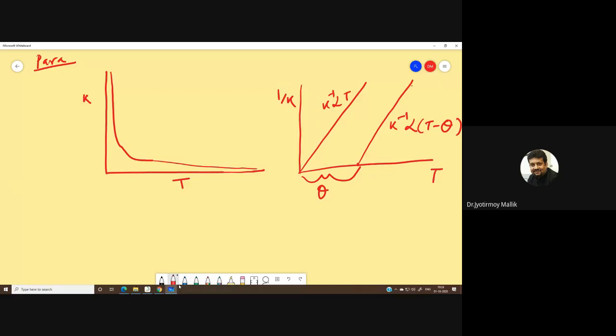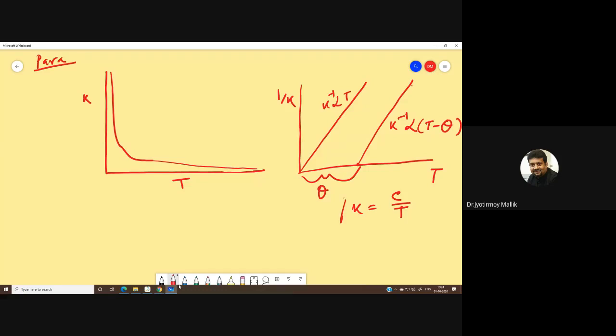Then I can write K is equal to C by T, where C is a constant defined by the slope of this line.